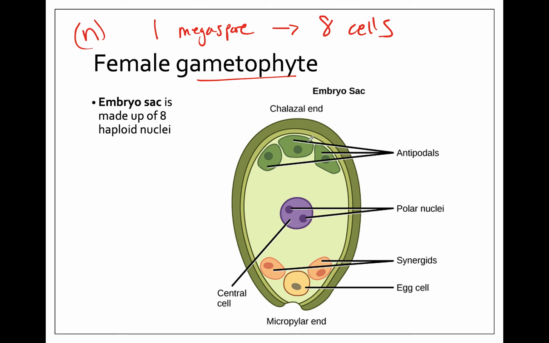We have 3 antipodal cells, 1, 2, 3, and we don't really know the function of those. There is 1 egg cell, so here's the 4th cell, and this egg cell is going to be located near the micropyle.